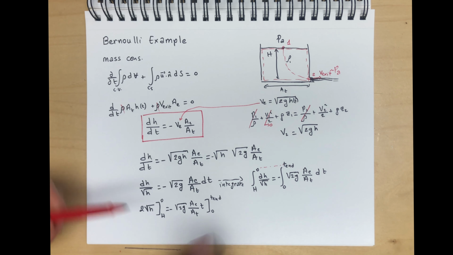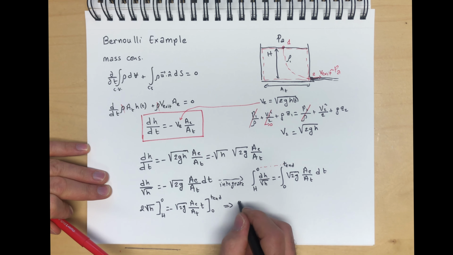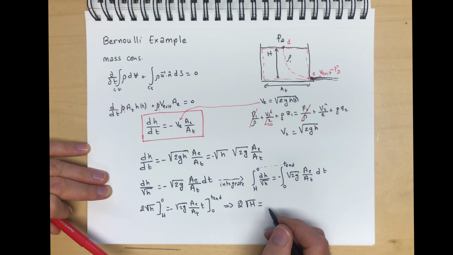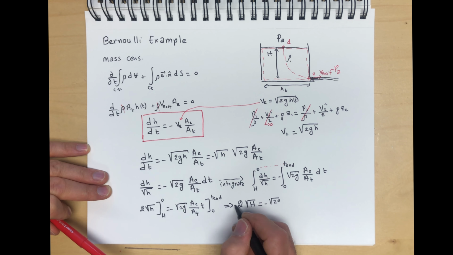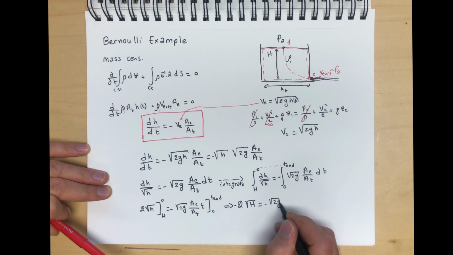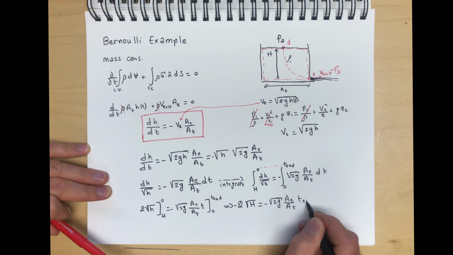If you do the solution, this gives you 0 minus 2 square root of H, which is equal to minus the square root of 2g A exit over A tank times t end.